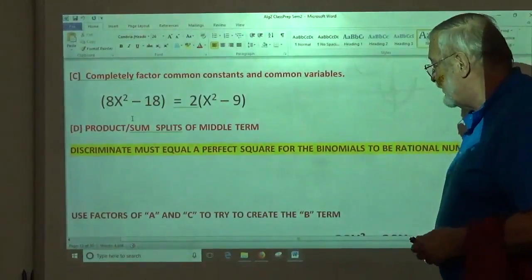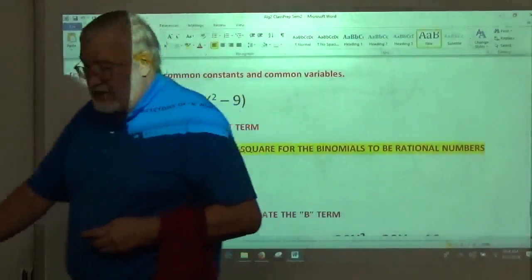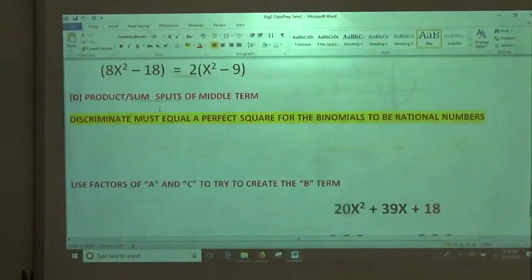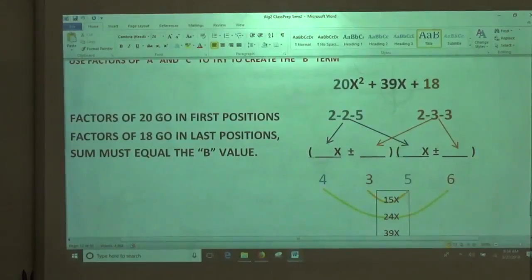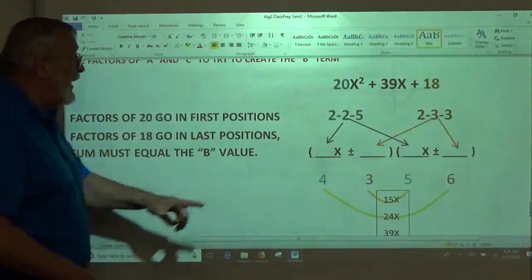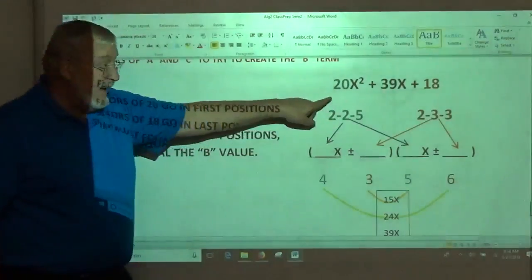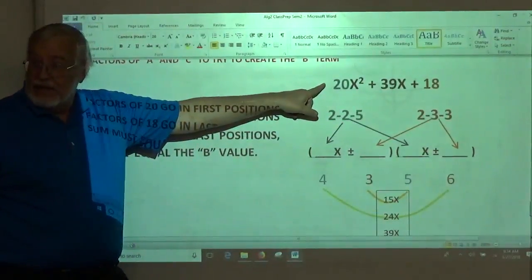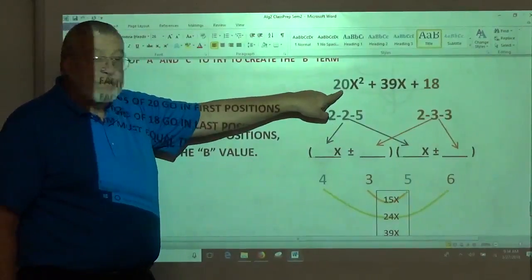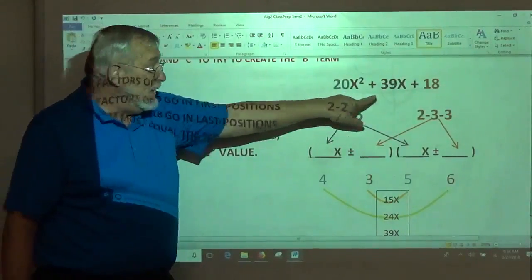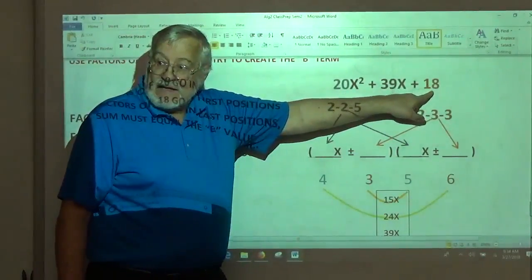Okay? All right, now let's move down. By the way, this is working a whole lot better. Okay, now this one right here we worked on. If you have to factor a complicated trinomial, you're going to take the prime factors of the 20 and the prime factors of the 18.